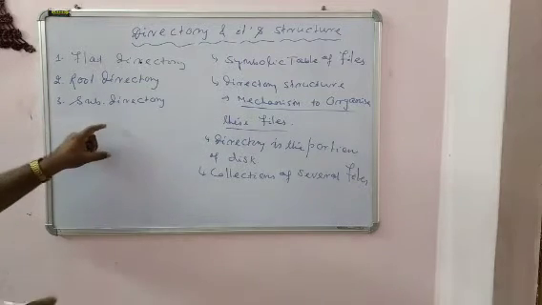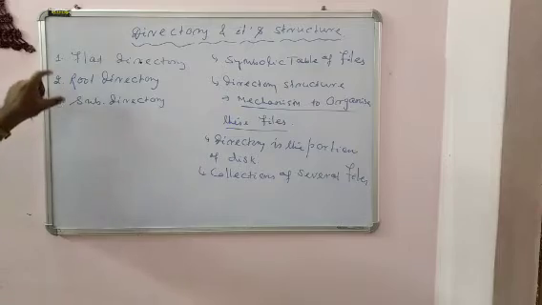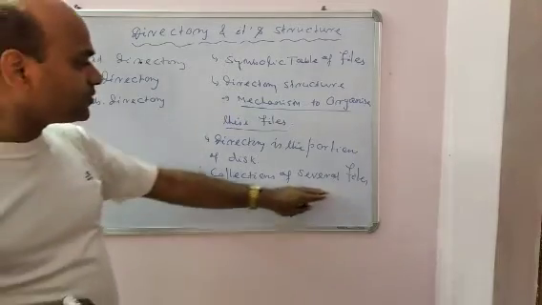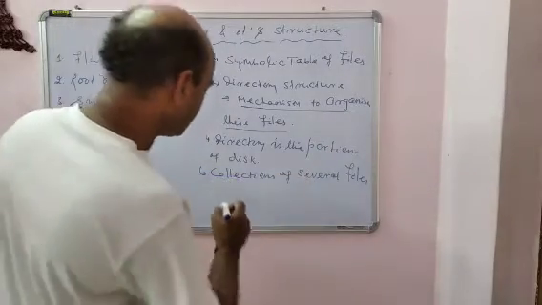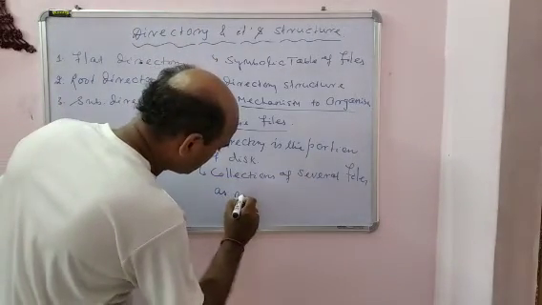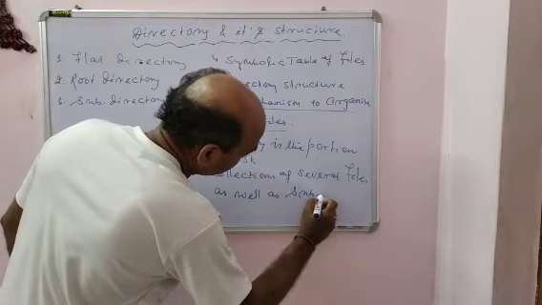So flat directories: root directory, subdirectories, and a collection of several files. A directory is also a collection of several files as well as subdirectories.